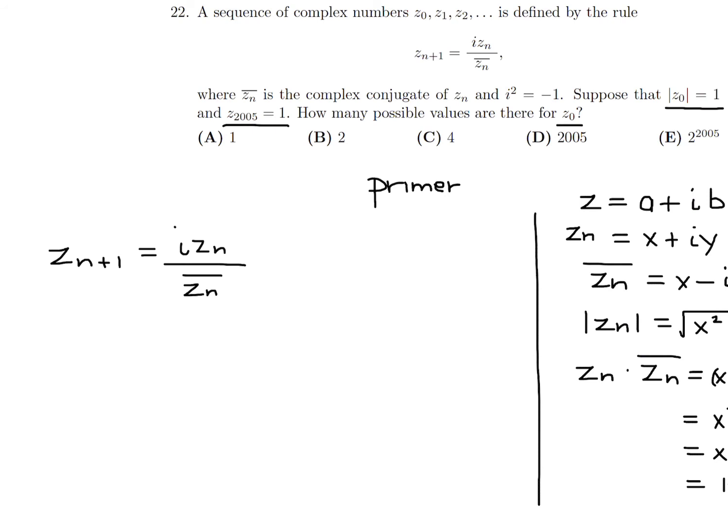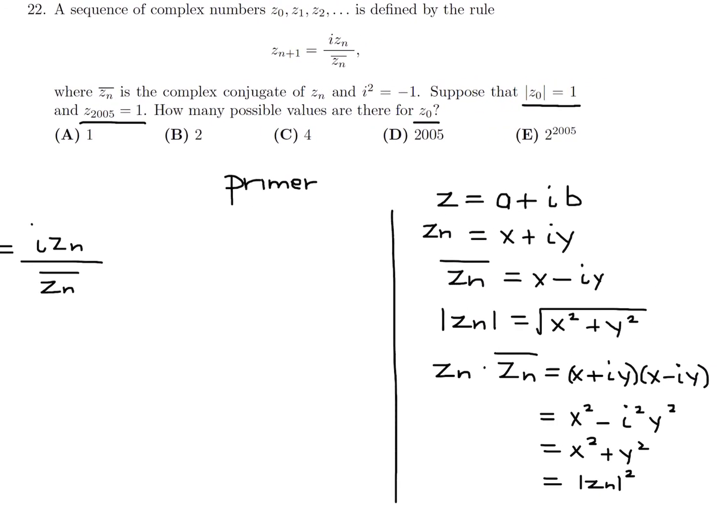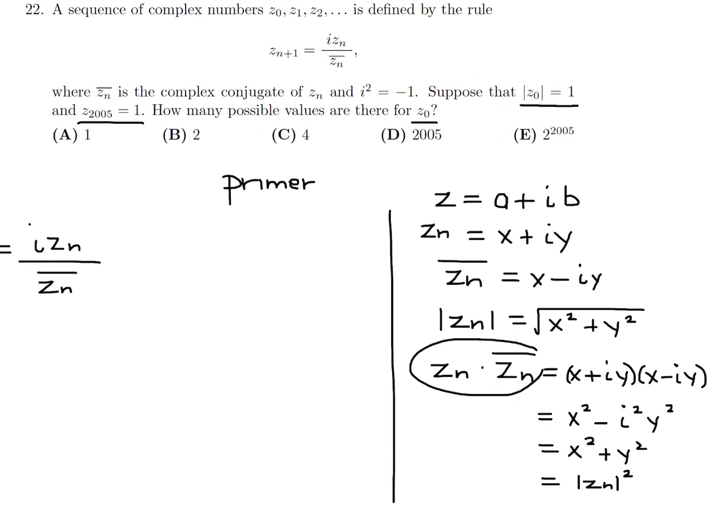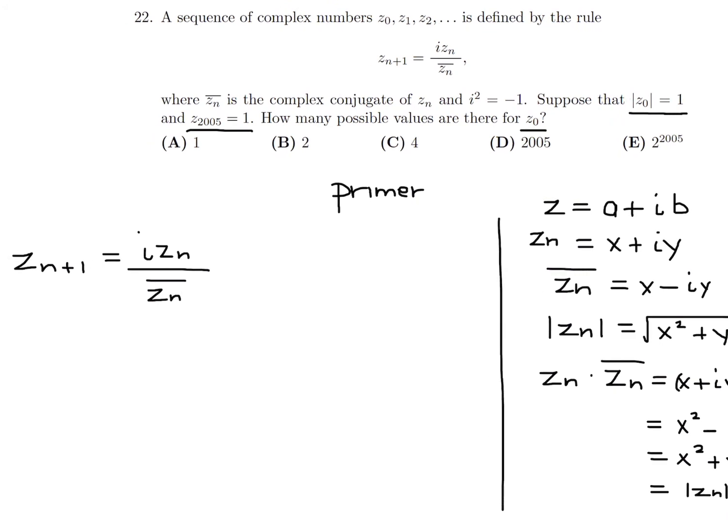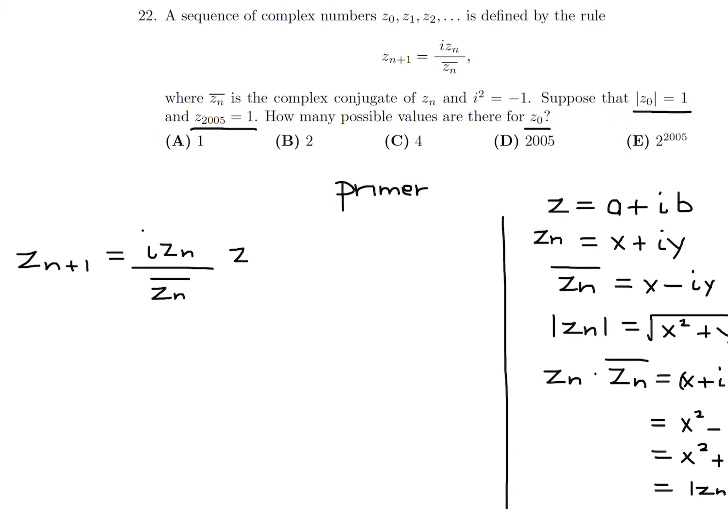All right. So obviously, the heart of this question is this formula. So let's see what we can get. Now, in this question, I really want to utilize this right here, because that is going to help me a lot to get a pattern. So how do I get that? Well, what I can do is multiply top and bottom here by zn, like this. Okay? If I do that, I get zn all squared, and at the bottom I'll get zn conjugate times zn.